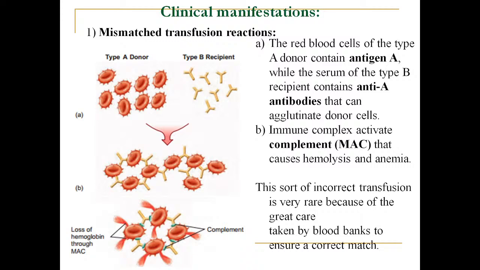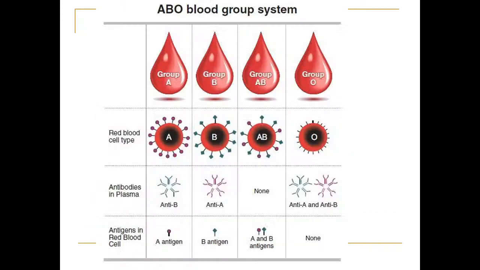Before I explain it, I want to remind you that within the human population, we divide four blood groups: Group A, Group B, Group AB, and Group O. How do we classify them? I hope you know it from biology. You should study it in normal physiology.